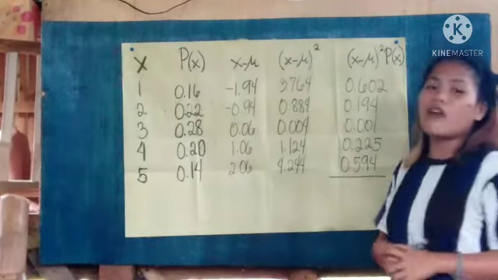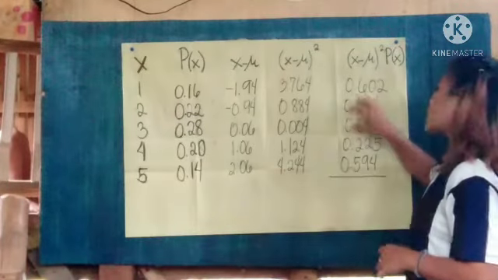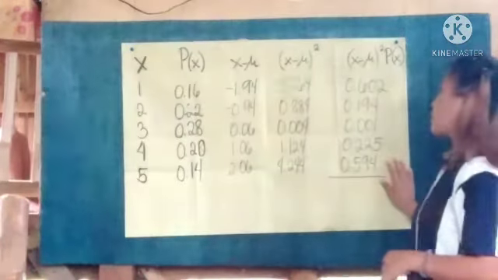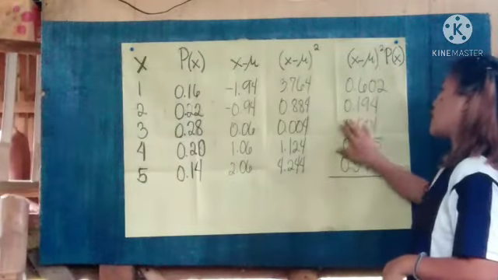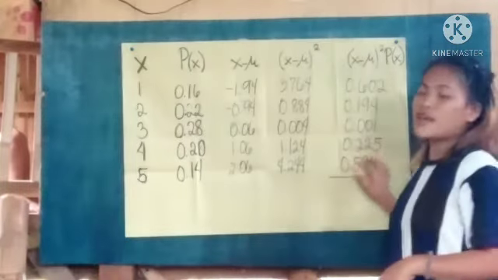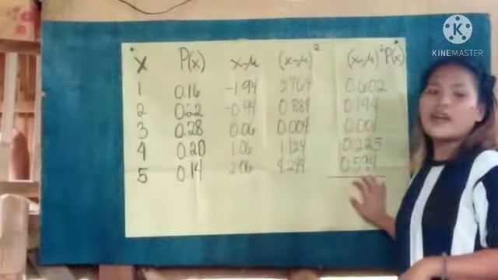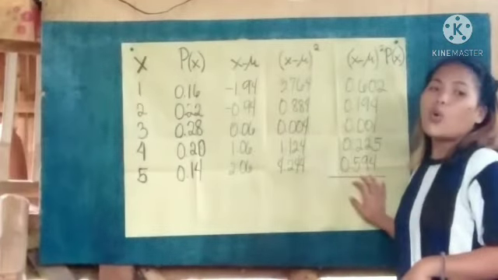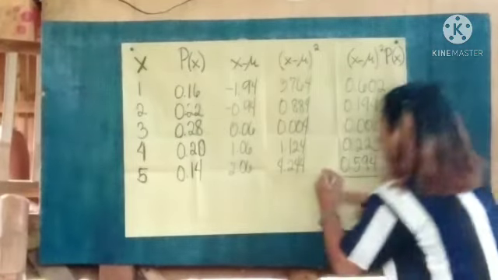So, to find the variance of the discrete probability distribution, let's add these. So, 0.602 plus 0.194 plus 0.001 plus 0.225 plus 0.594 is equal to 1.6164.